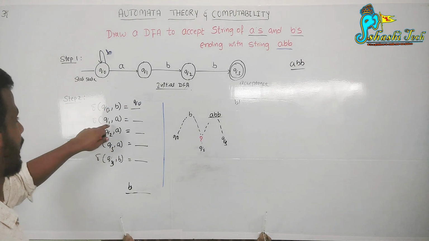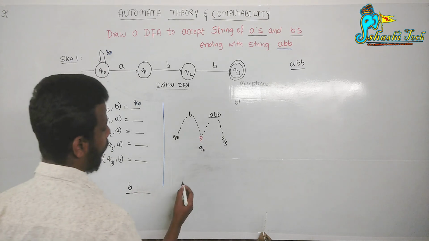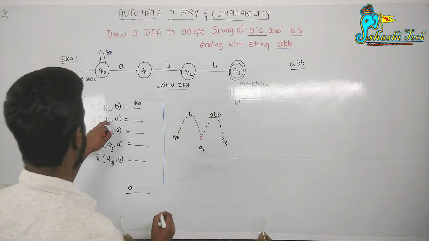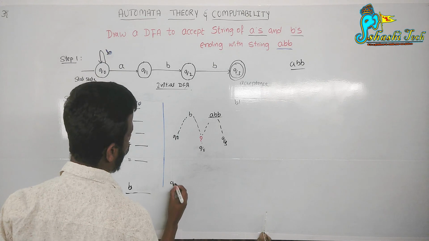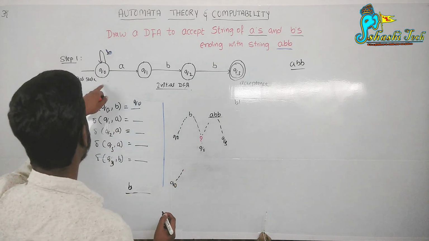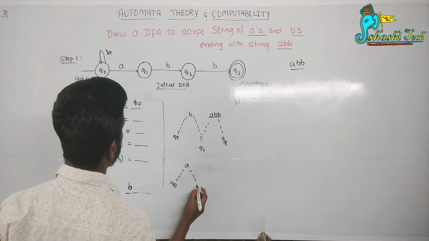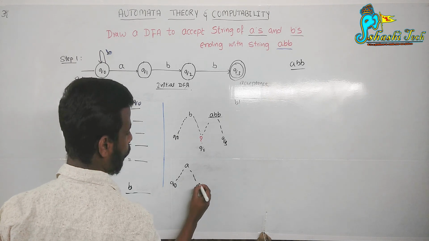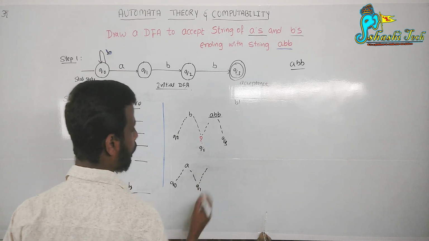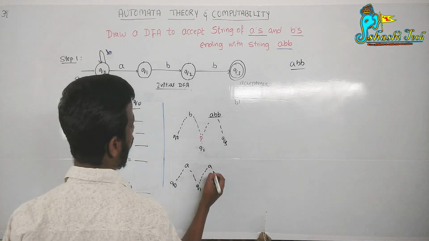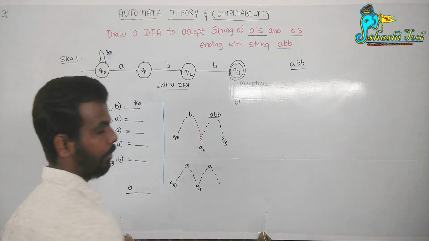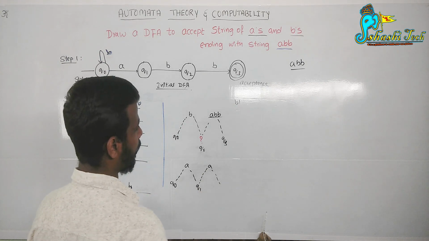Let us go to the second one. Q1 upon accepting A, starting with Q0. Q0 upon accepting A is going to reach the Q1 state. Q1 upon accepting A is going to reach some state, which we don't know.